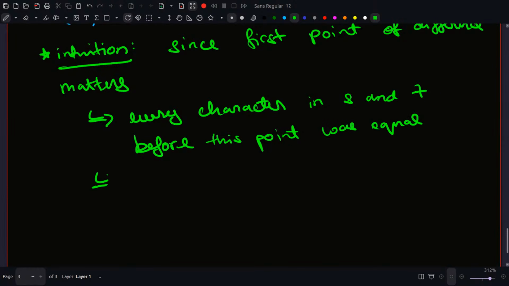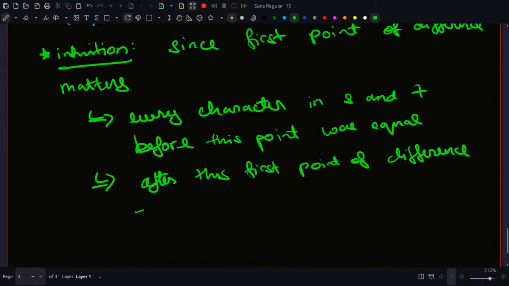And the second thing we can get is that after this point of difference, everything will be in sorted order.